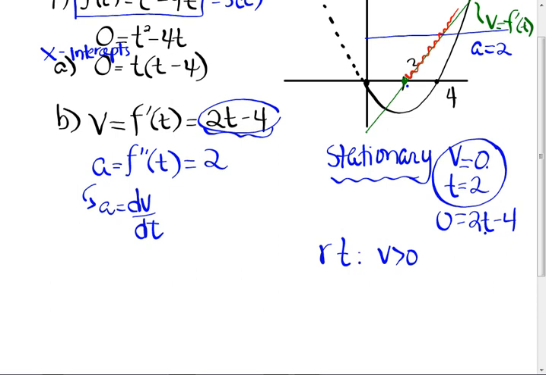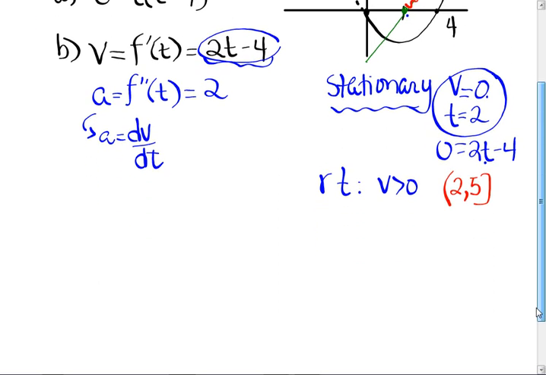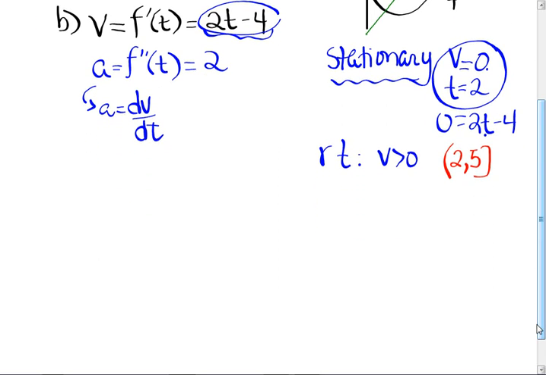Starting where? 2. Do I get to include 2? No, it stopped there. Do you hear the difference? I know it's picky, but it's true. It stopped at 2, but what about at 5? It's still moving. Velocity's positive, so I get to include 5. I'm on an interval. They closed the interval for me, which was actually quite nice.